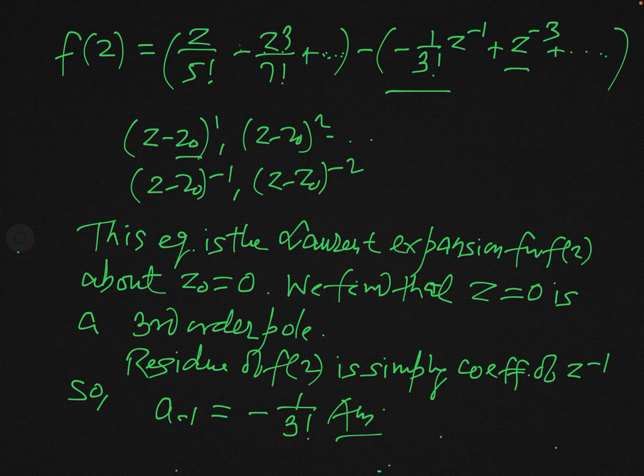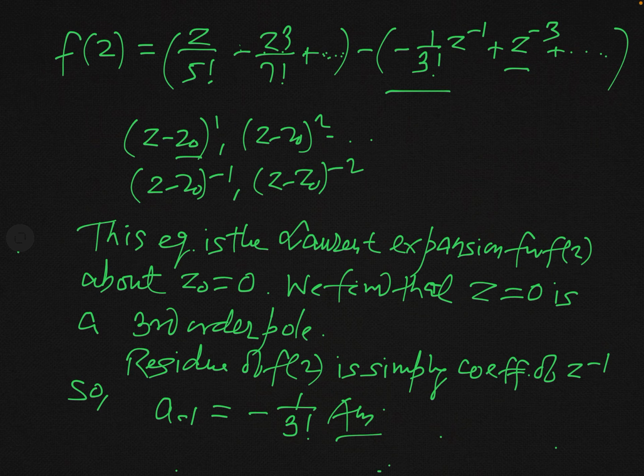So in this series the positive powers are in the form of z minus z naught to the power 1, z minus z naught to the power 2, and in the second part of the series containing the negative powers of z, this is of the form z minus z naught to the power minus 1, z minus z naught to the power minus 2, and so on. And so you can say this is simply a Laurent series.